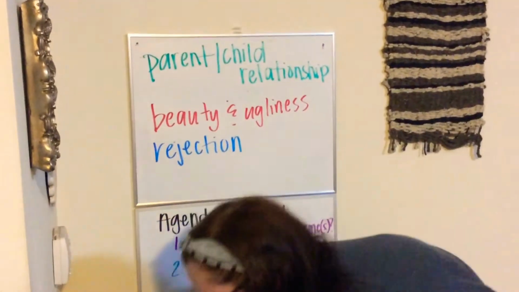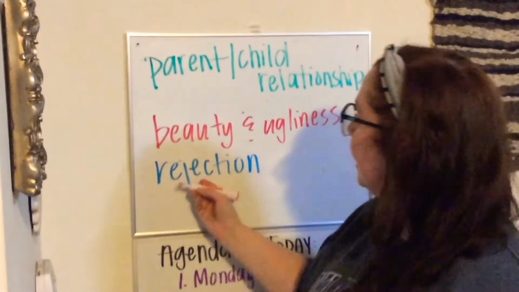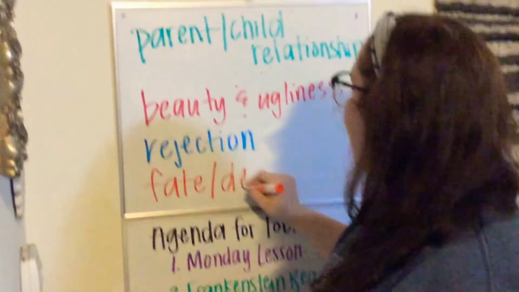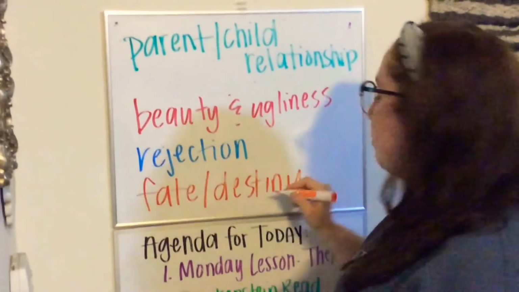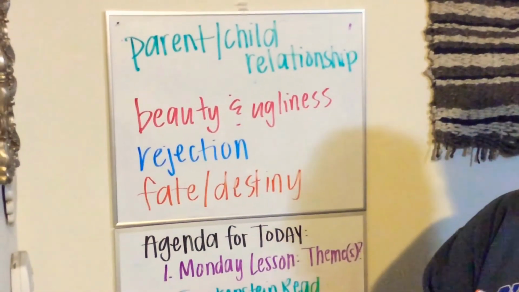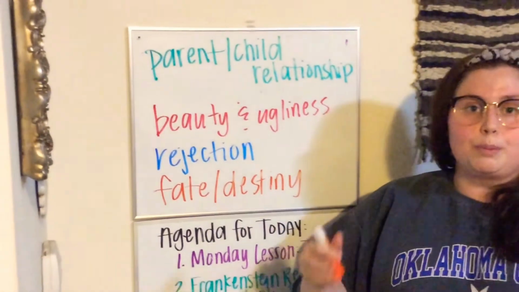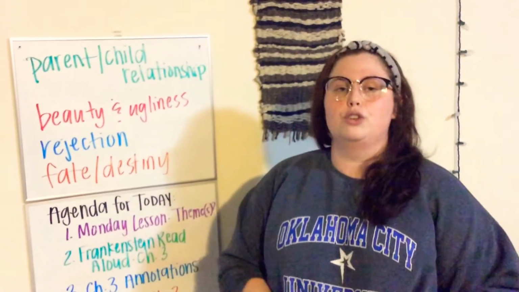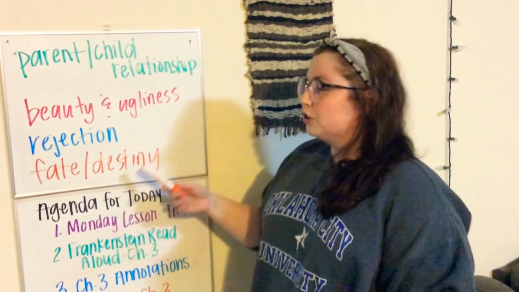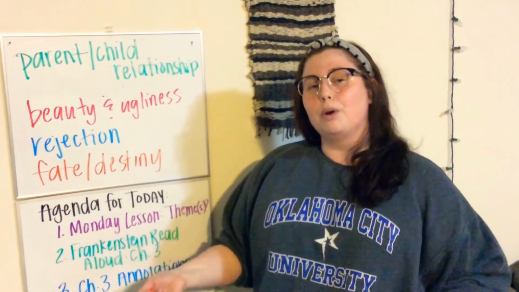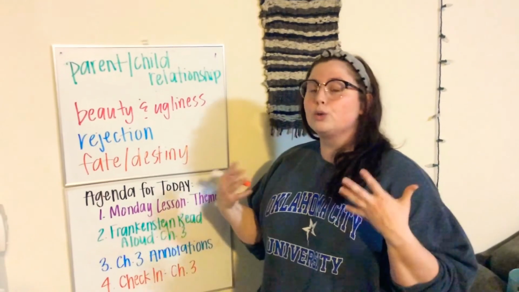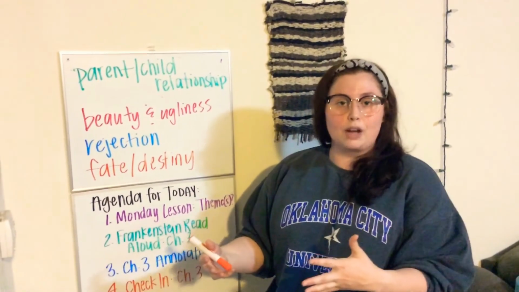And the last theme that you're going to look for is fate or destiny. Now, if you remember in class when we did our big questions for Frankenstein, one of them was, is a person born evil or do they become evil? This is a big question for Mary Shelley. Victor does some bad things in this book, and it's a big question for her. Is this his fate? He had no choice. It was going to happen no matter what.